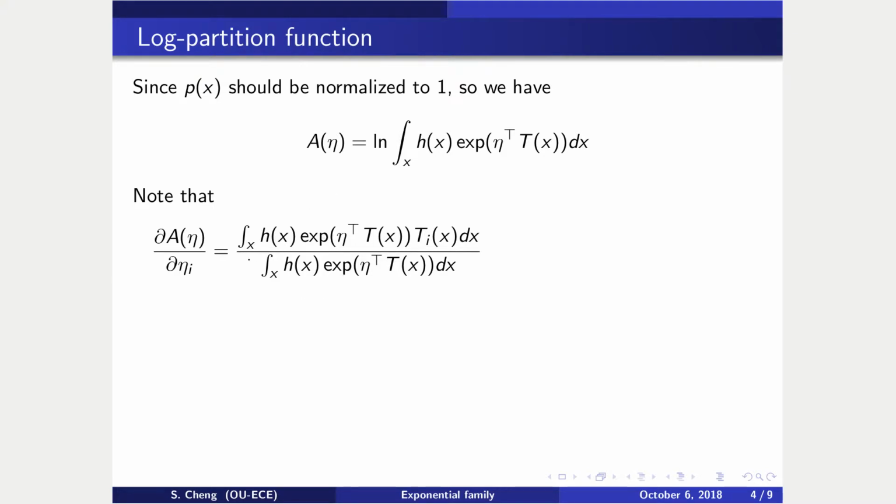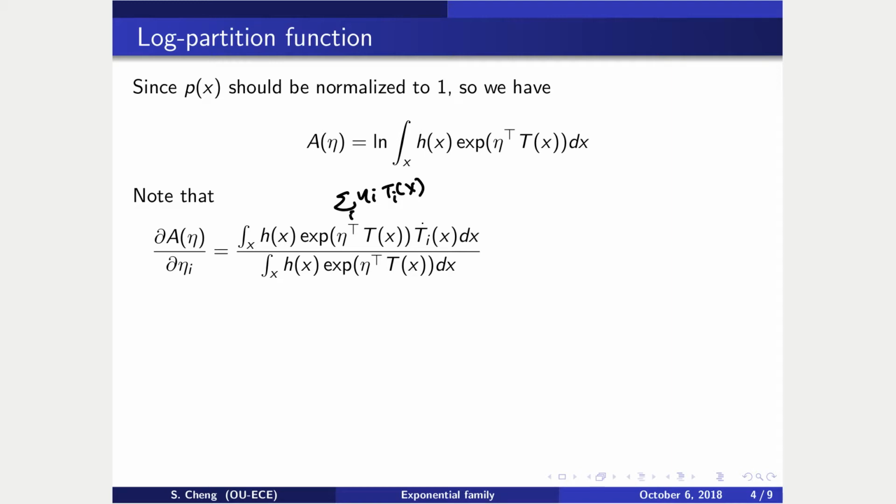So I have 1 over this thing here, and then I take the partial derivative of this. Note that this transpose multiplied by this is essentially just the summation over i of eta_i t_i(x), so if I take the partial derivative with respect to eta_i, I will just have t_i(x) coming out.